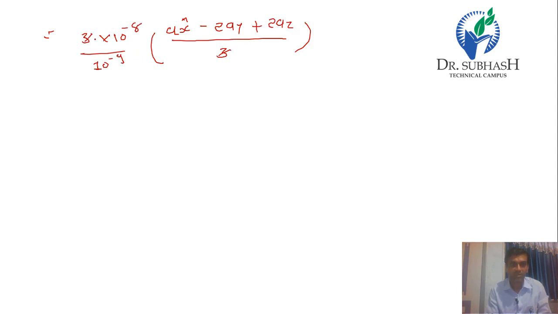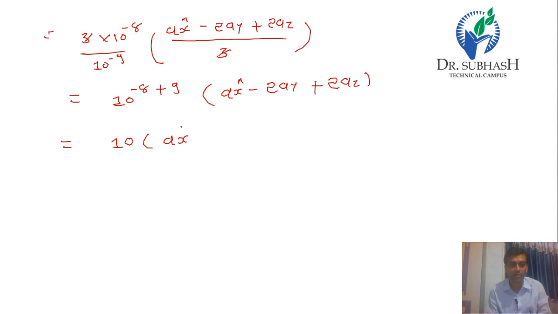The 3 cancels out, so we get 10 raised to minus 8 plus 9 times ax minus 2ay plus 2az. So we can say that it is 10 into ax minus 2ay plus 2az.